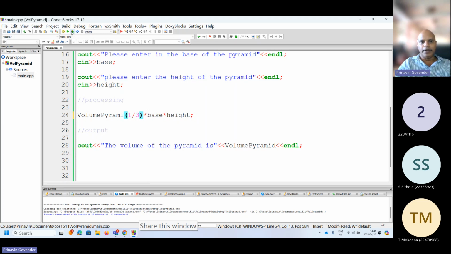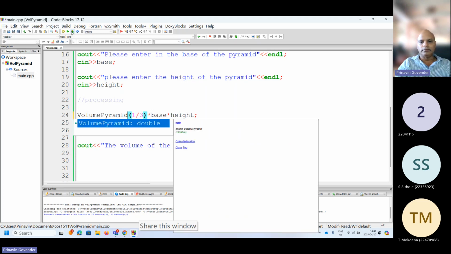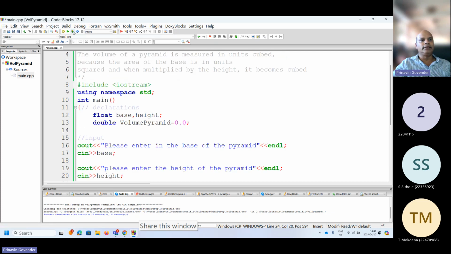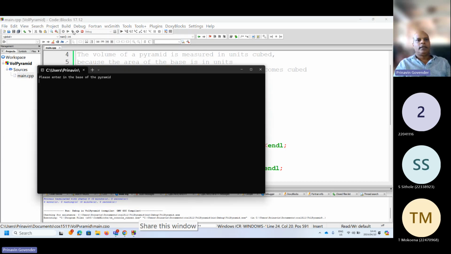Let us put down is equal to 1 divided by 3 is 0.3. Let's build and run. Now, please enter in the base of the pyramid.